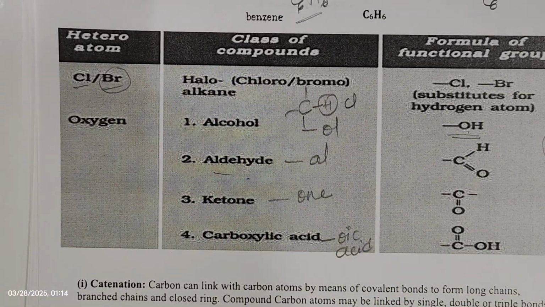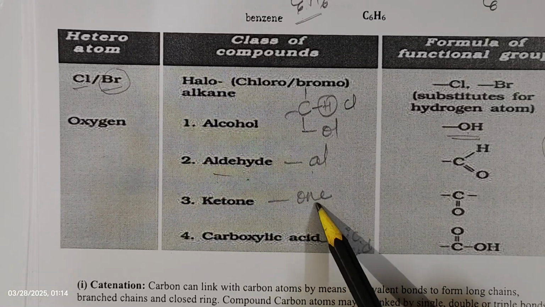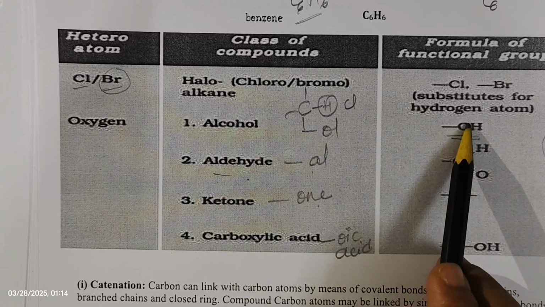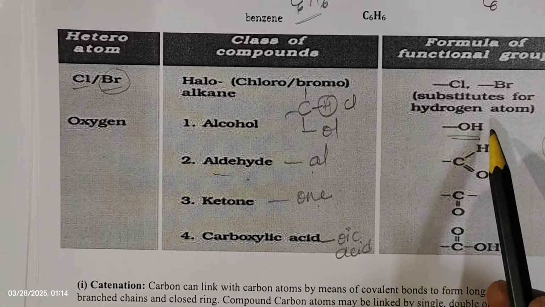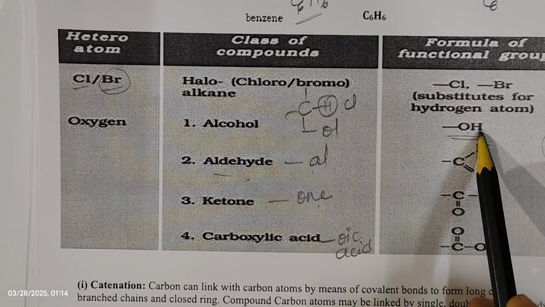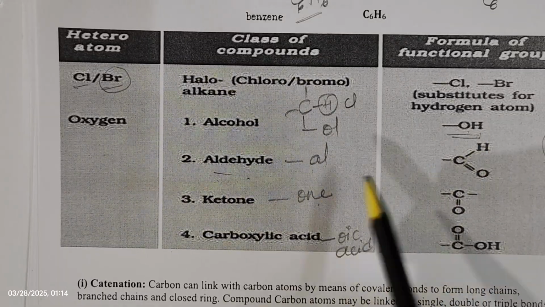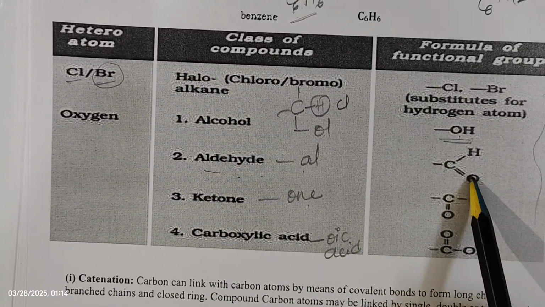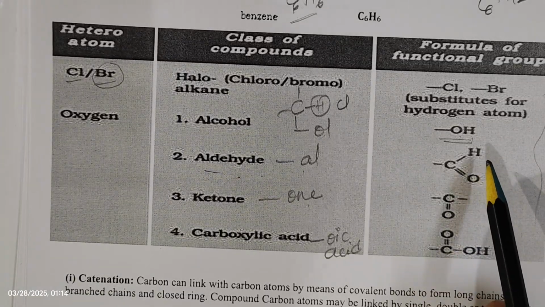Okay, generally alkanol, alkanal, alkanone, alkanoic acid. If OH is there, then that carbon compound is an alcohol, for example methanol, ethanol, propanol, butanol. Aldehyde: if a carbon compound contains the CHO group, then it is methanal, ethanal, propanal, butanal.